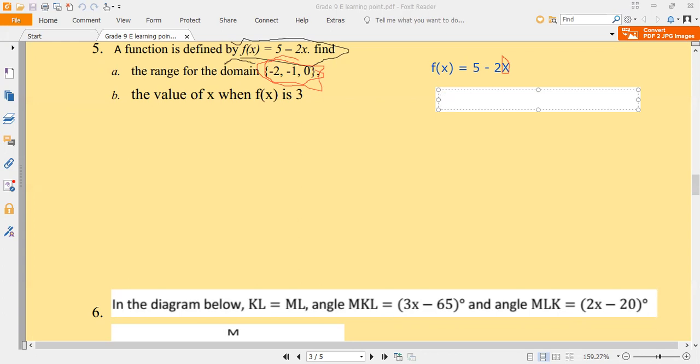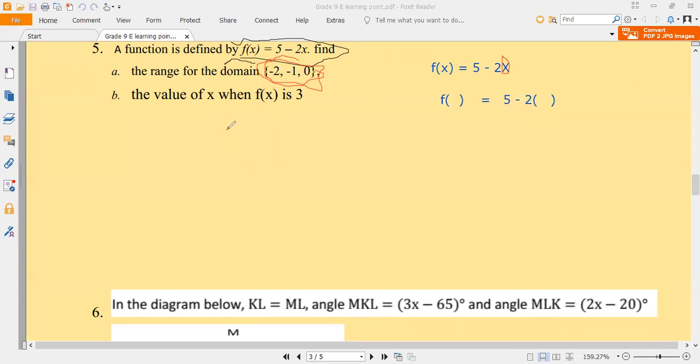So what we need to do is write f of x, allow me to leave a space here, equal to 5 minus 2, again leaving a space. This is what we're going to do. We just start substituting.